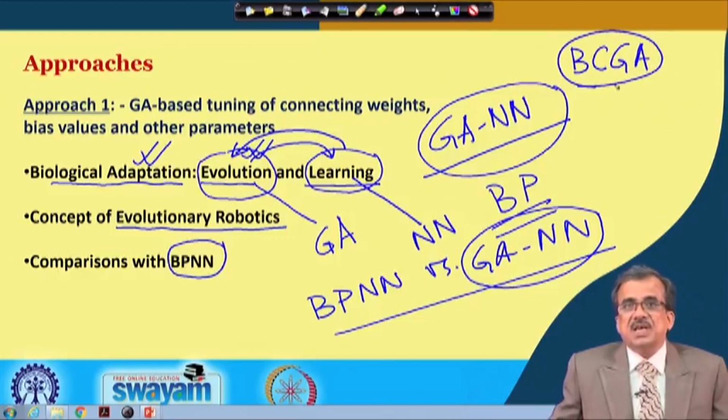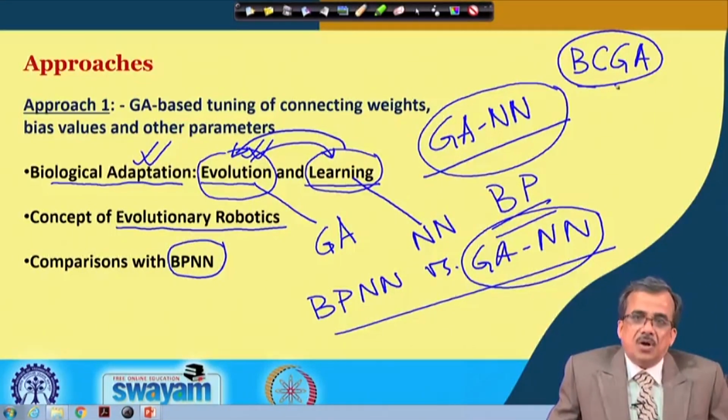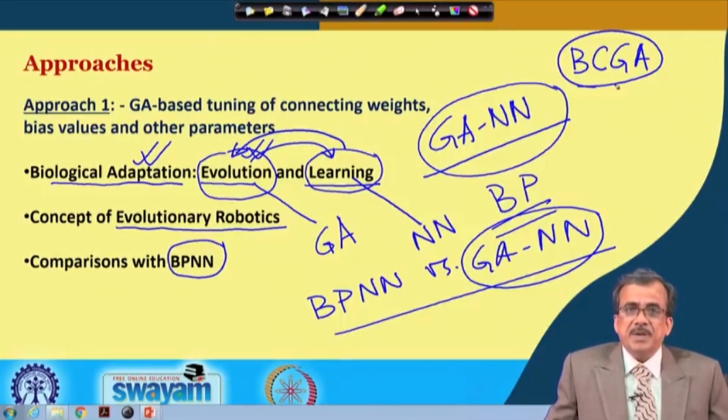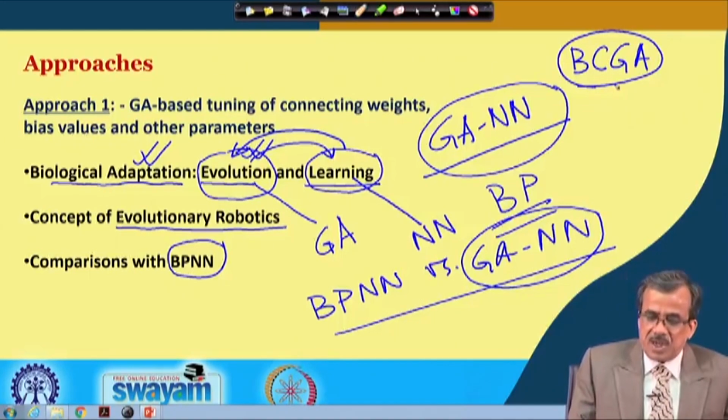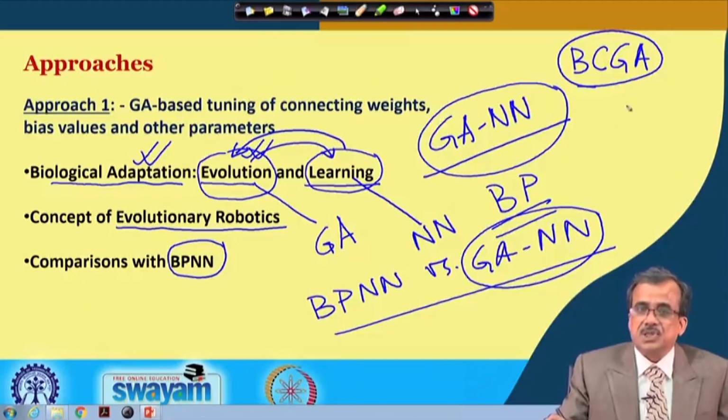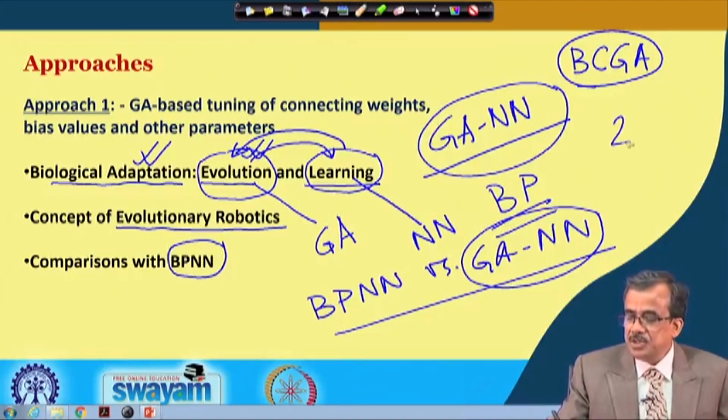Now, in BCGA, all the variables we represent with the help of some binary, and binary is nothing but a combination of ones and zeros. Let me take a very simple example. Supposing that I am going to optimize a neural network, and let me assume that there are say 20 variables in this network.